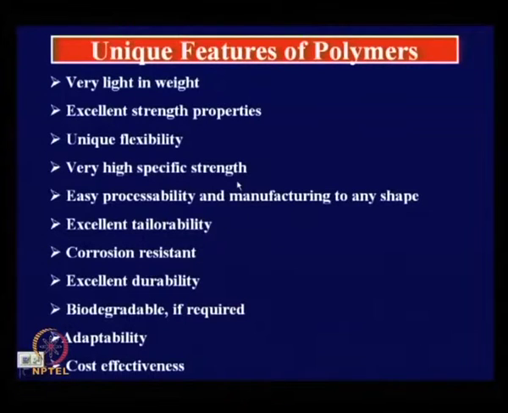Then easy processability and manufacturing to any shape. What do we mean by easy processability? Now, worldwide, there are many polymer manufacturing industries. They manufacture some polymer materials, be it polyethylene, polypropylene, nylon, polycarbonate, some rubber.